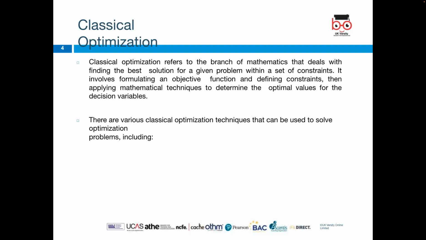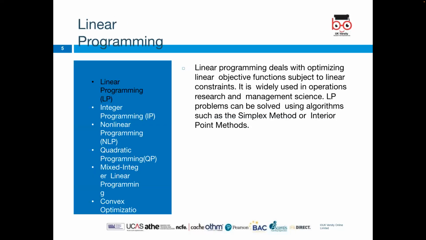There are various classical optimization techniques that can be used to solve optimization problems, including linear programming, integer programming, nonlinear programming, quadratic programming, mixed integer linear programming, and the last one, convex optimization.